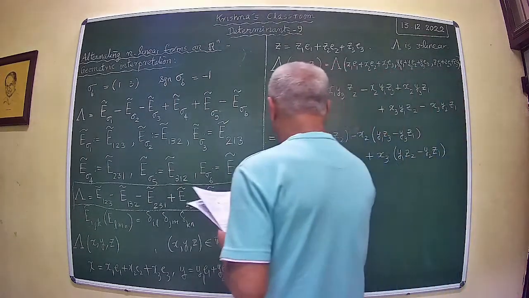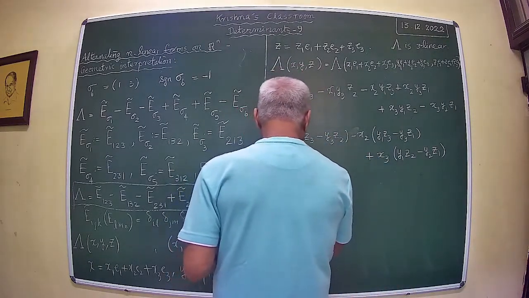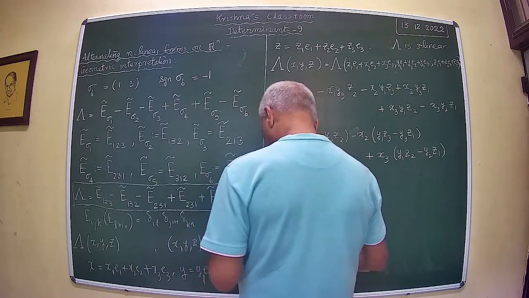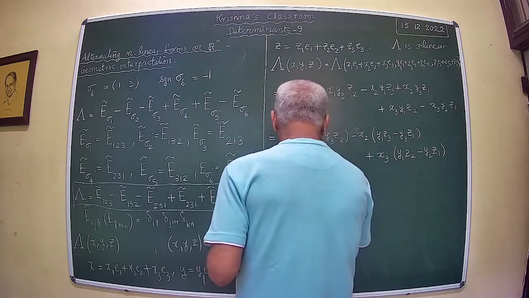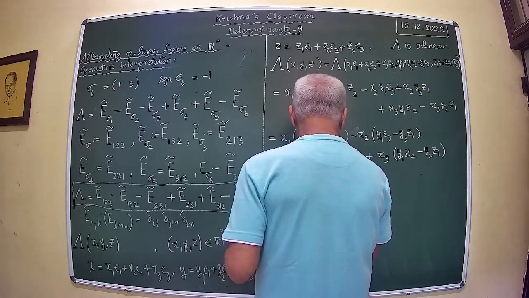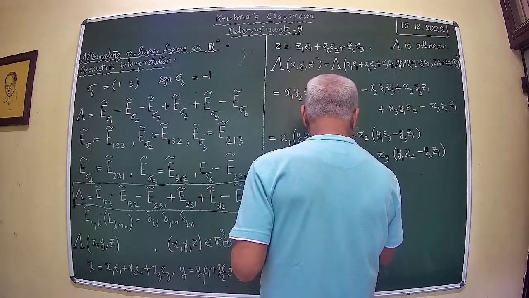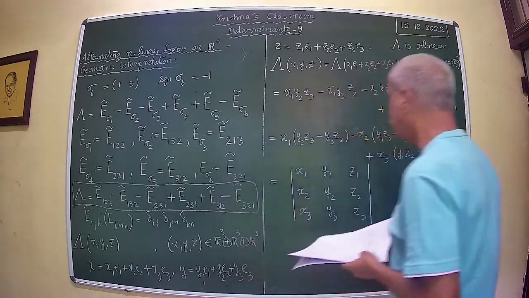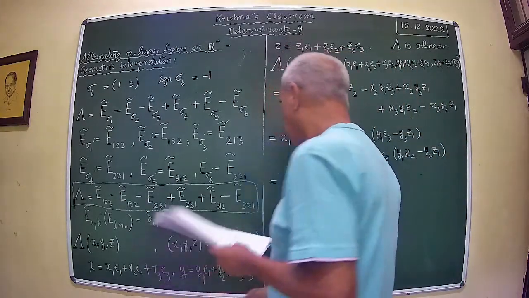Now this can be written as the determinant x1, y1, where you are expanding on the first column.